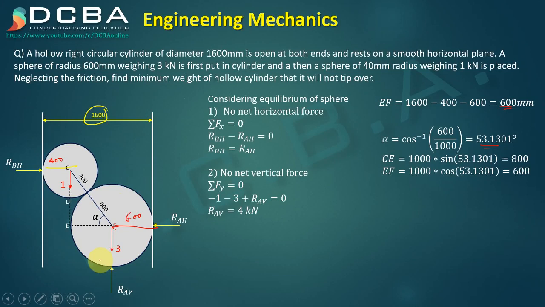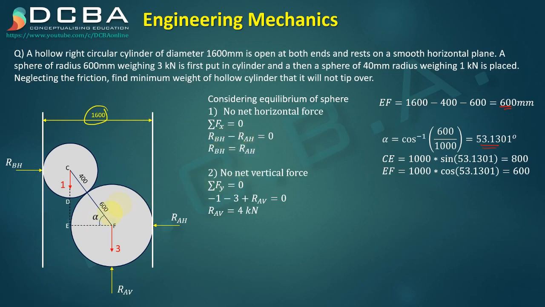Now, third, we need to take summation of moment at some point equal to 0. So which point to select, that is the question now. Because we are taking the equilibrium of both the spheres, you can select any point on the spheres to take the summation of moment equal to 0. But you should select the point very carefully, such that it eliminates most of the forces.